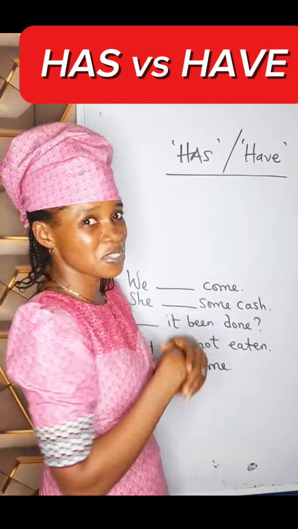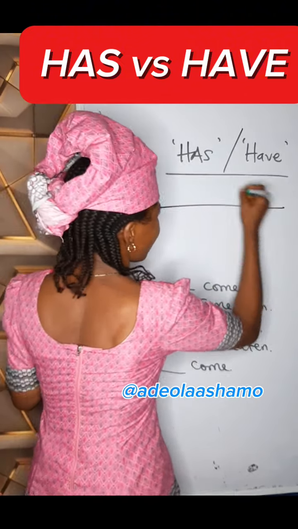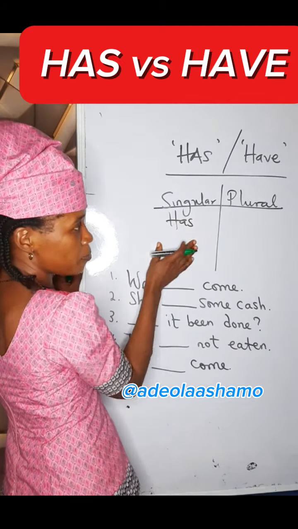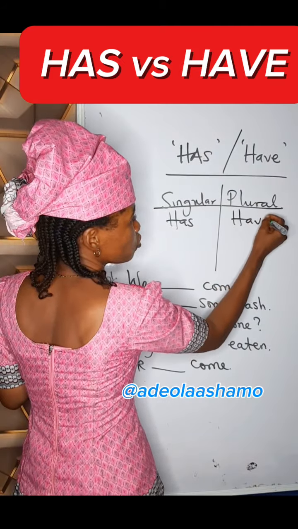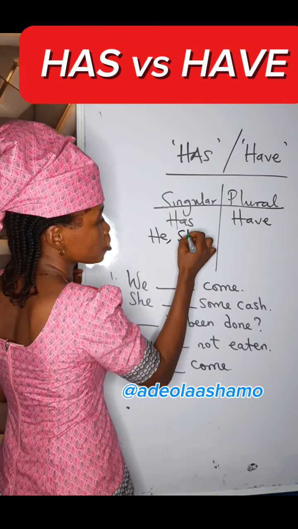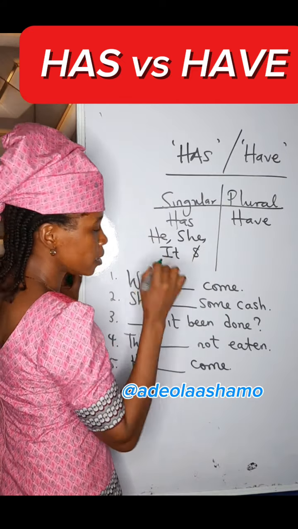So let me teach you this for today. Has versus have. Has and have. Has is a singular verb, while have is a plural verb. Has is used with he, she, it, and one name.